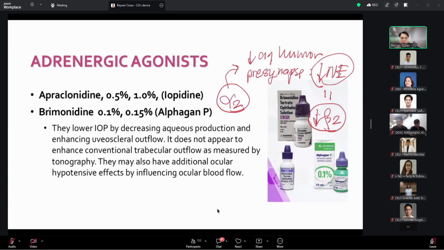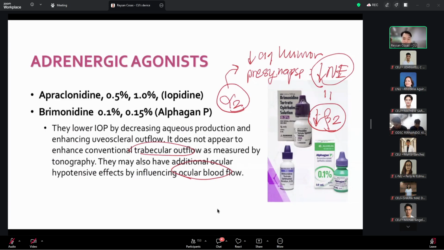So, ganyan po ang advantage ng mga alpha-2 agonists when they are used for glaucoma. Based on clinical studies, they don't enhance the outflow of the aqueous humor. They just reduce the production. Ano pa? They also have additional influence on the blood flow.